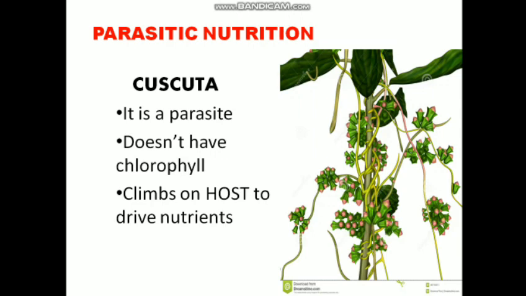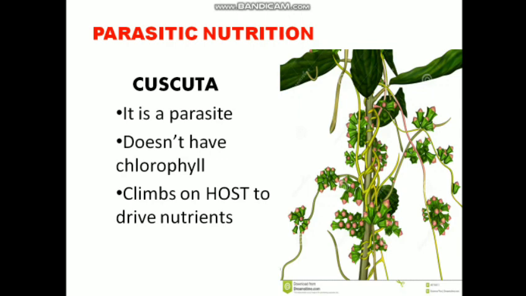It is a parasitic plant. So students, the example of parasitic nutrition is cuscuta. It does not have the green pigment, which is so important to make food. Like I have told you, if chlorophyll is not there, plants would not be able to capture sunlight, and they will not be able to make their own food.